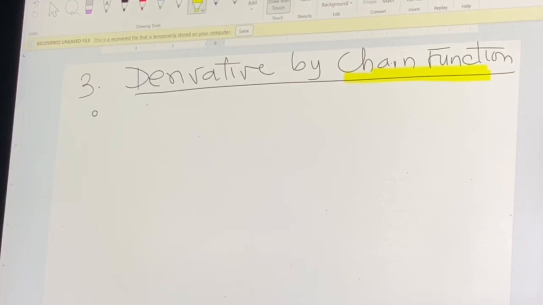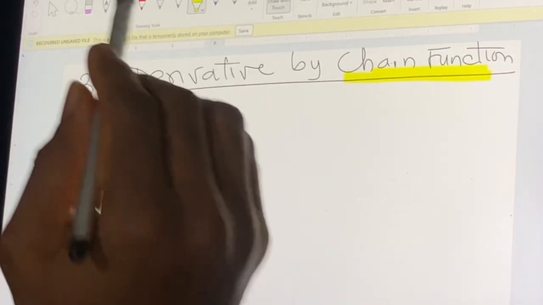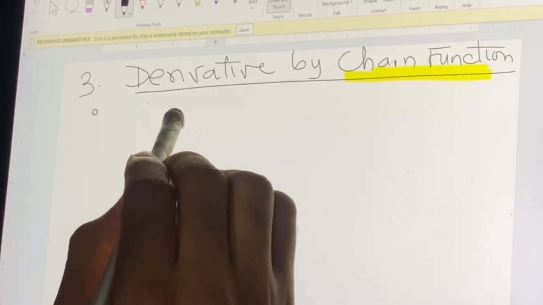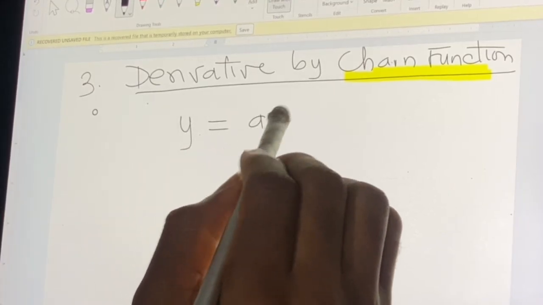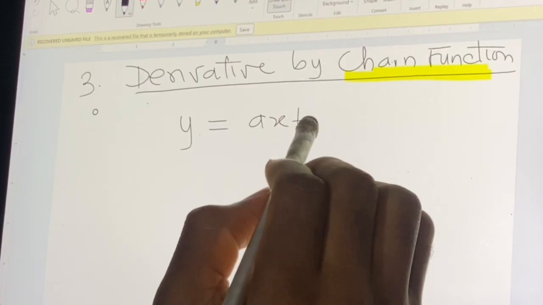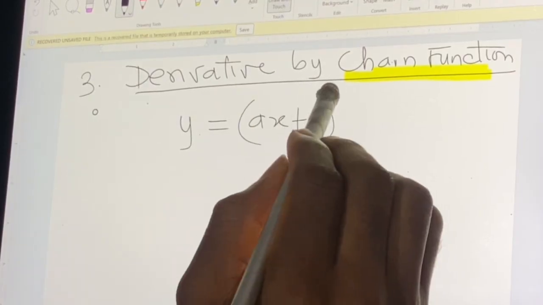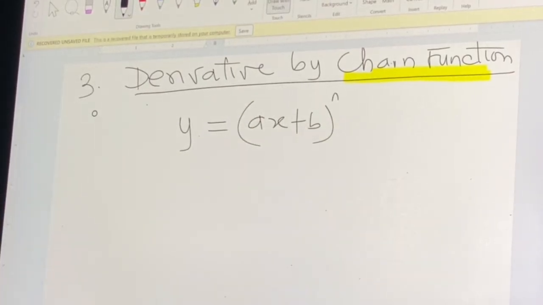To differentiate a function in this format, y equal to (ax plus b) all raised to the power of n, we apply chain rule, that is chain law.